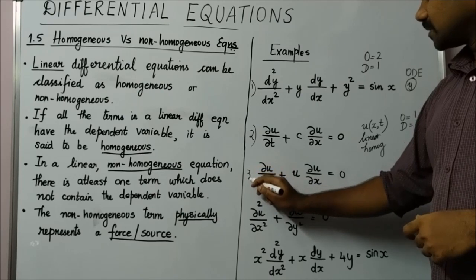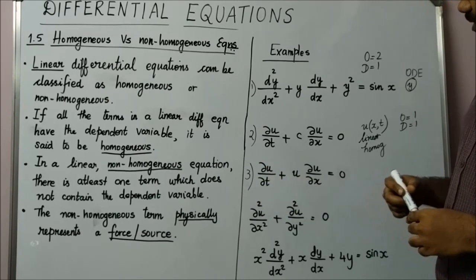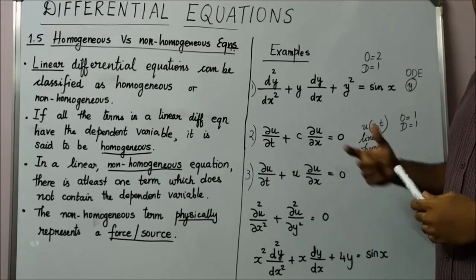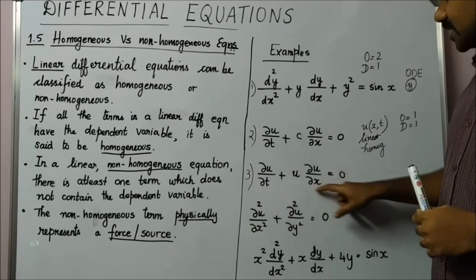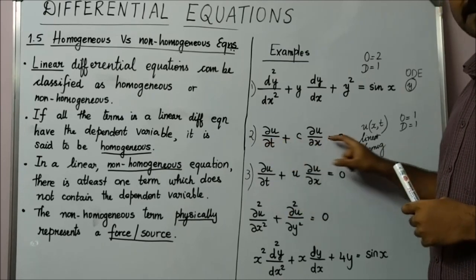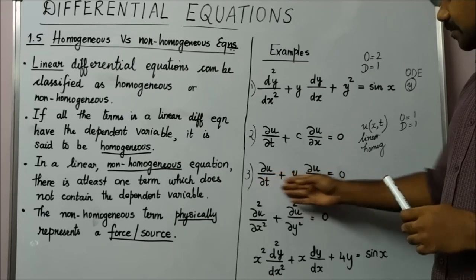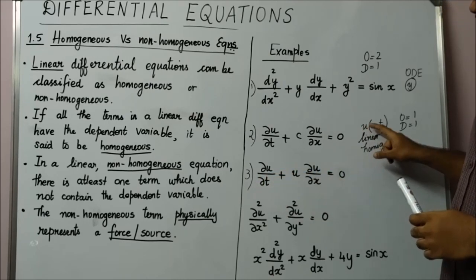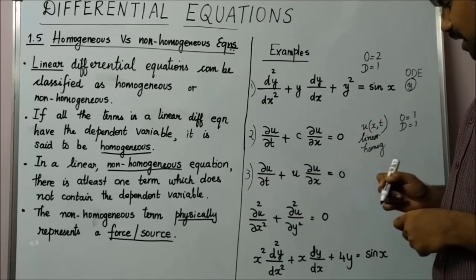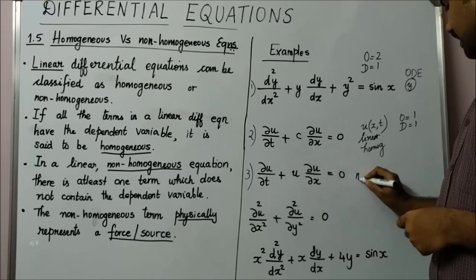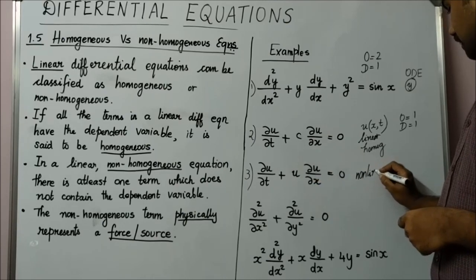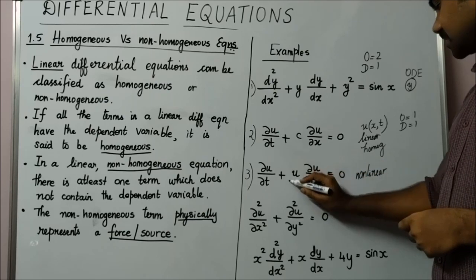Now, third example, this is a small variation of the above equation. This is called the inviscid Burgers equation, whereas this is called the linear convection equation. Again, this is a PDE, u is the dependent variable, x and t are independent. However, this PDE is non-linear because of this term.